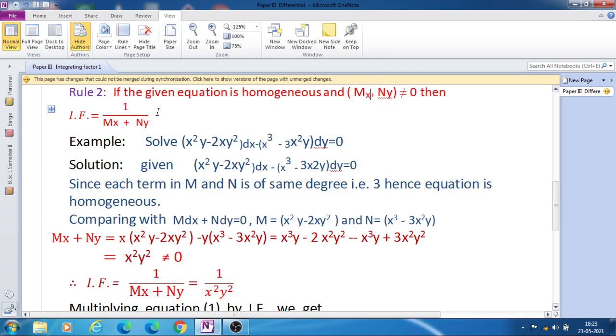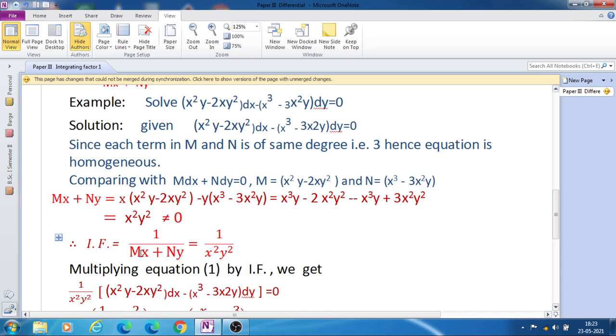Therefore, by this rule, if the equation is homogeneous and mx plus ny is not equal to 0, then the integrating factor is equal to 1 upon mx plus ny. Therefore, the integrating factor is 1 upon x square y square. Therefore, this is the integrating factor.